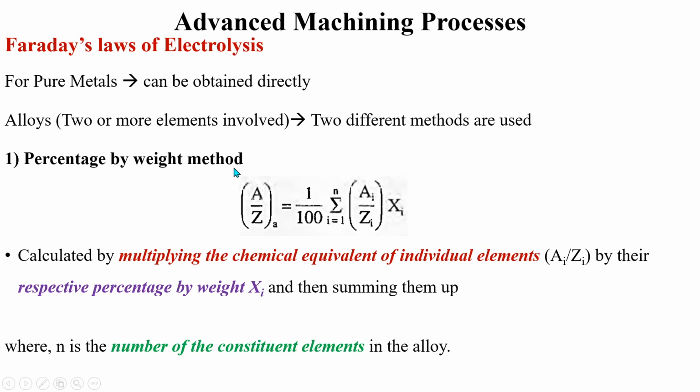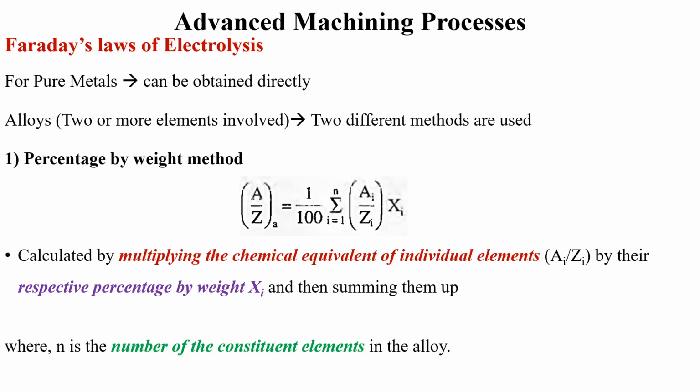In the percentage by weight method, we are calculating the electrochemical equivalent of the alloy. Here A by Z of A represents the electrochemical equivalent of the alloy. We calculate it by multiplying the electrochemical equivalent of the individual elements, where Ai by Zi represents the electrochemical equivalent of the individual element.